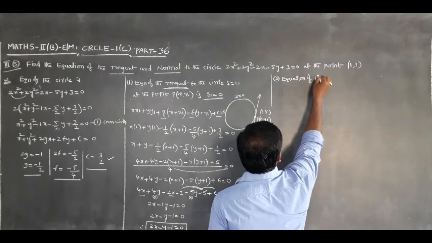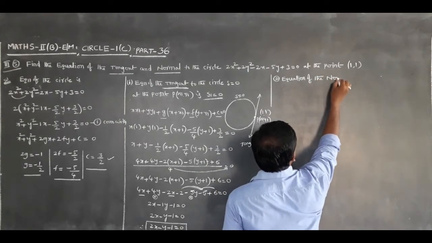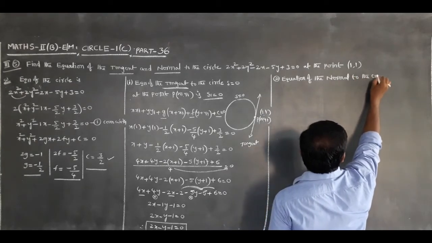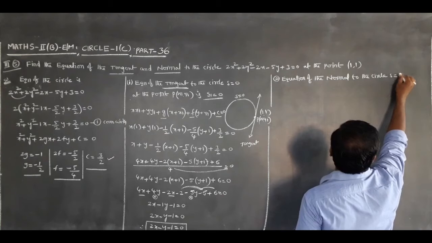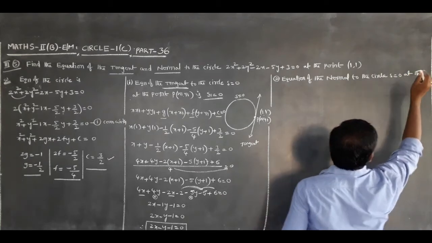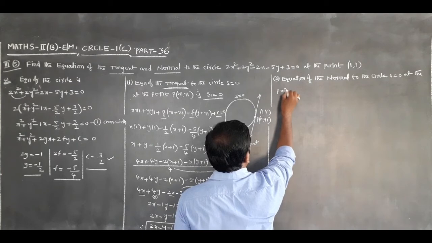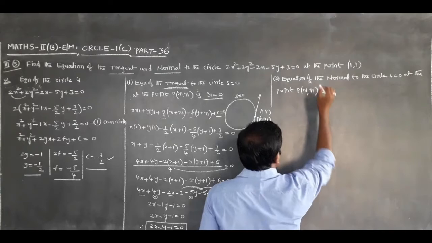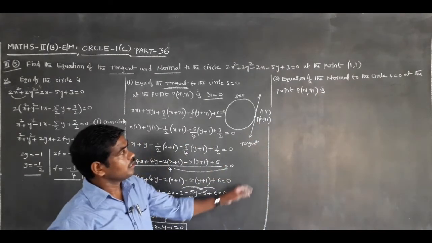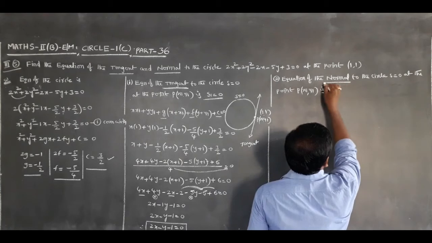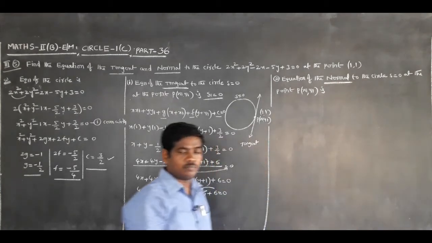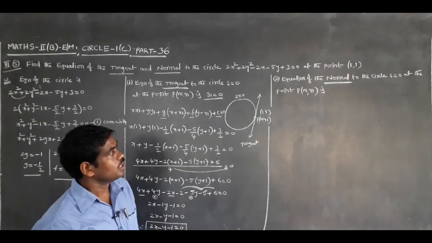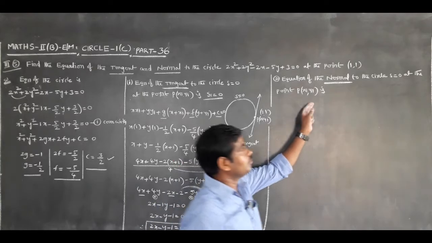Equation of the normal to the circle S is equal to 0 at the point P(x1, y1) is the equation of the normal.